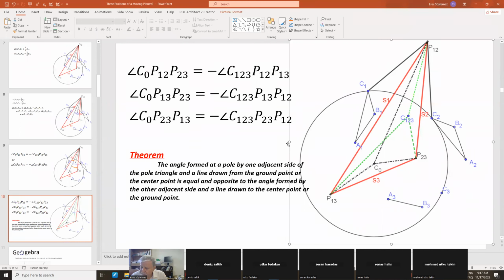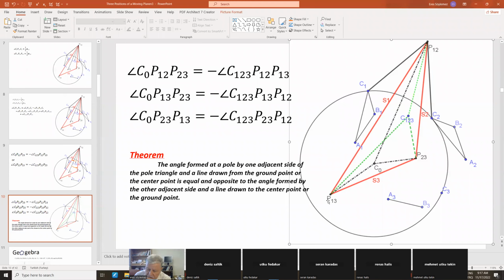Now I'm free to select C0 in infinitely many ways. I have two parameters. And then I can determine the circle point for that center point. That is the idea.